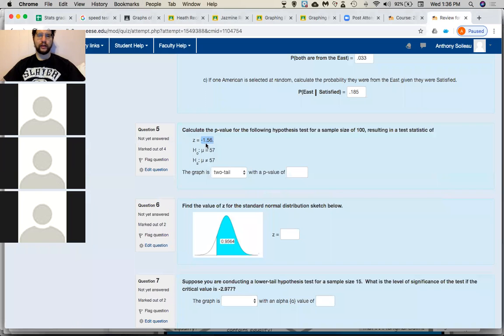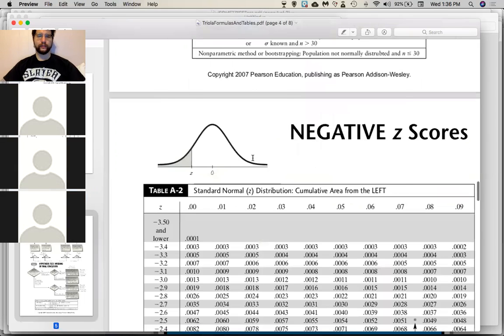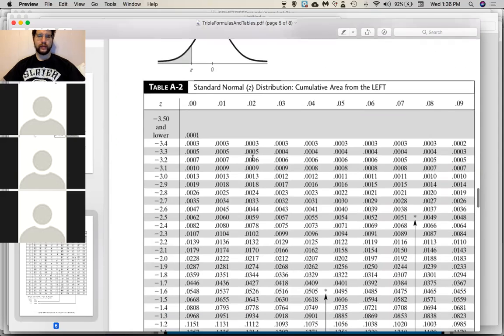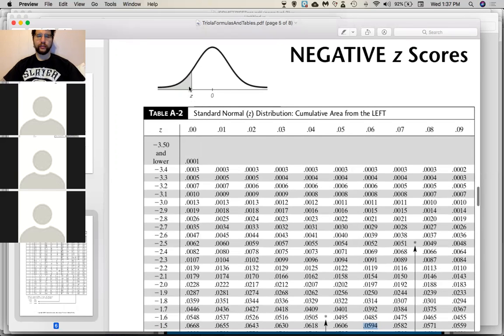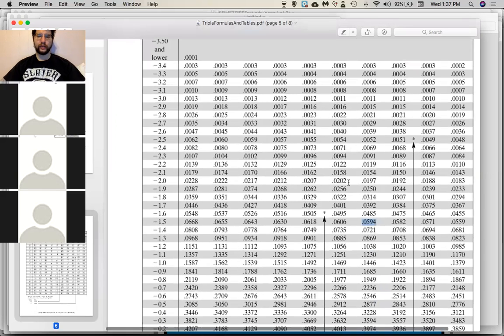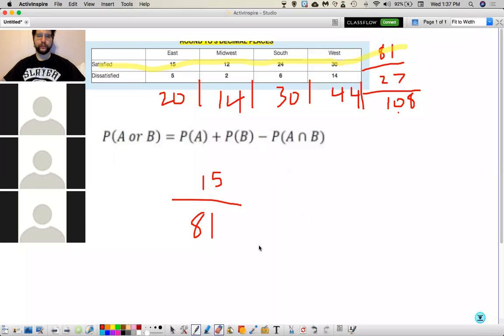So I'm going to look up negative 1.56 on the z chart, right here. Negative 1.5, and then 6 is this column here. Remember, the chart always gives you the area to the left. Well, in this particular case, we wanted the area to the left, so we're going to use this 0.0594.